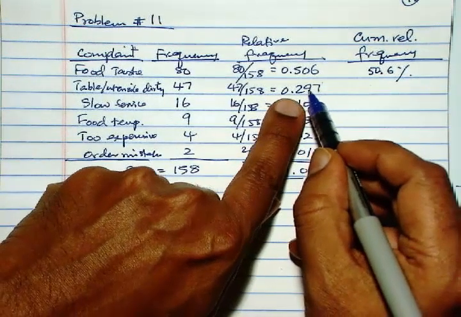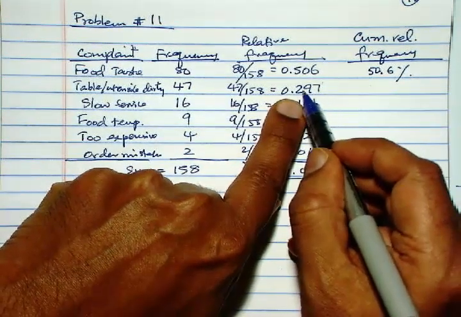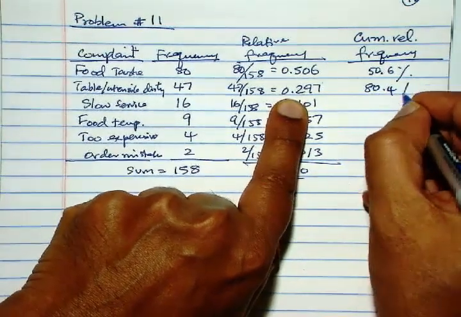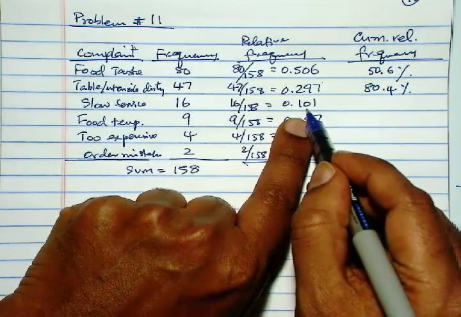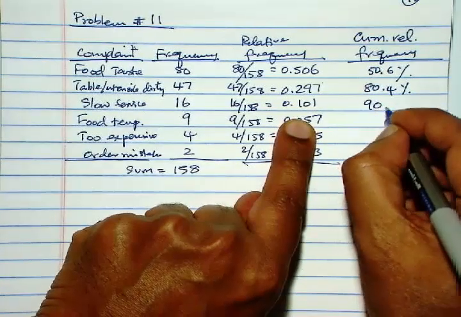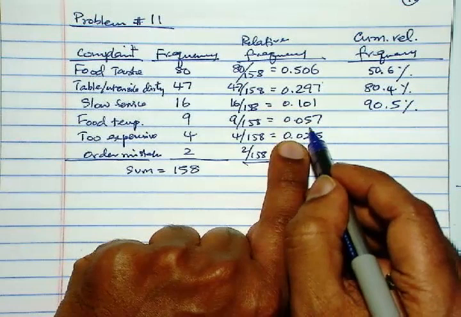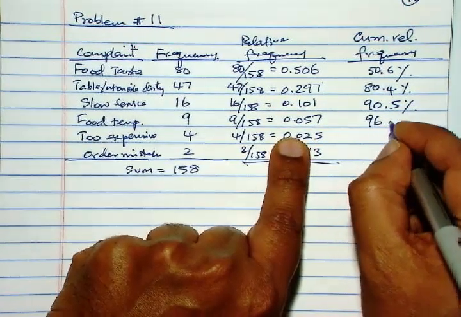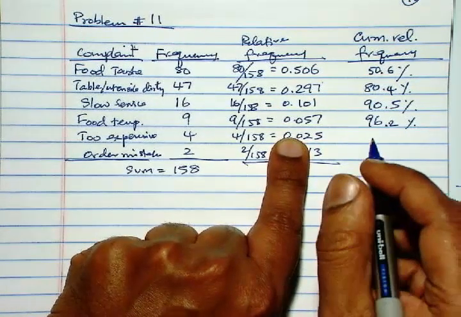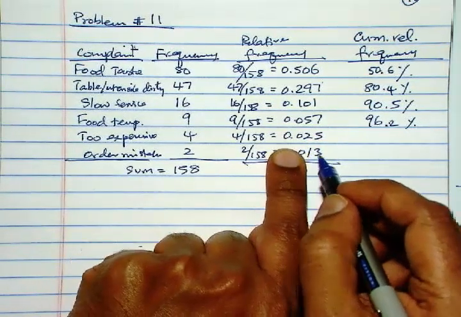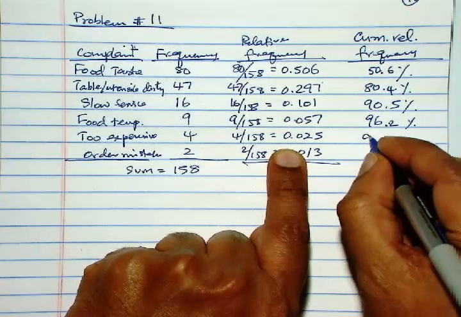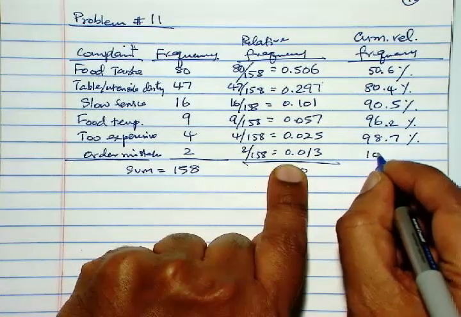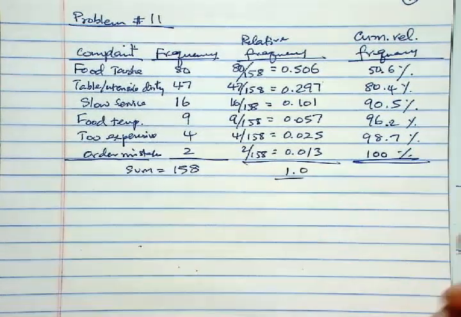Now you add, so this is 29.7%, so add 29.7% to this, you get 80.4%, and this is 10.1%, you add that, 90.5%, and this is 5.7%, you add that, 96.2%, and then you add this, you get 98.7%, and then 1.3%, if you add that, you get 100%.